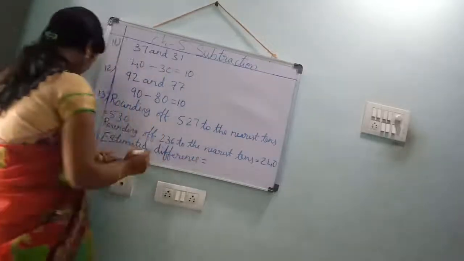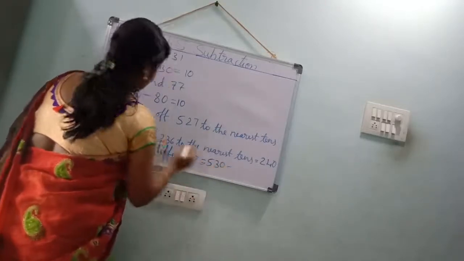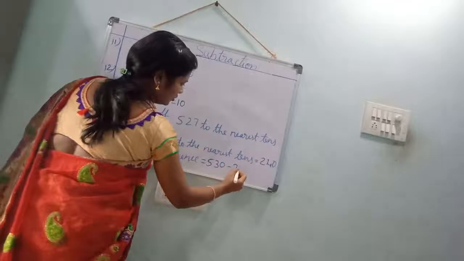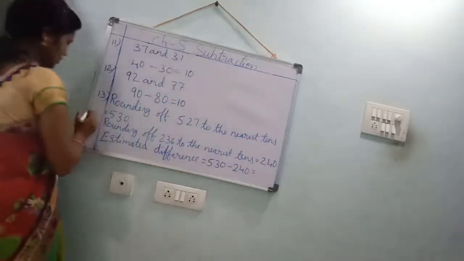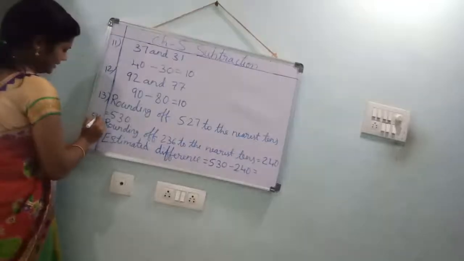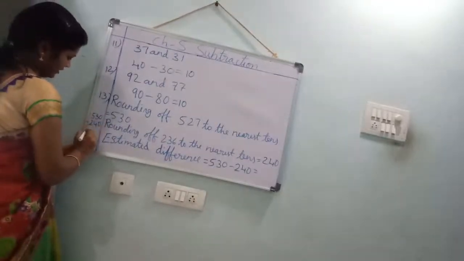What is that? 530 minus 240. You should do the minus now. 530 minus 240.